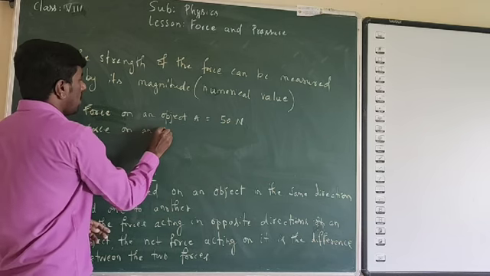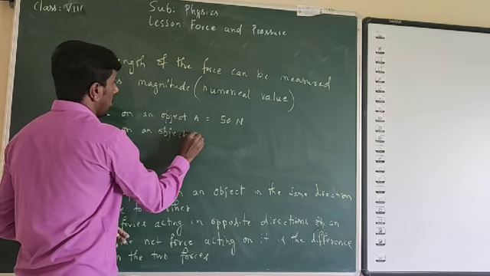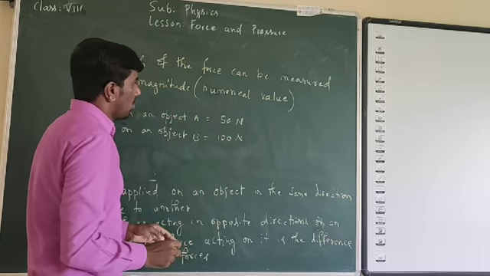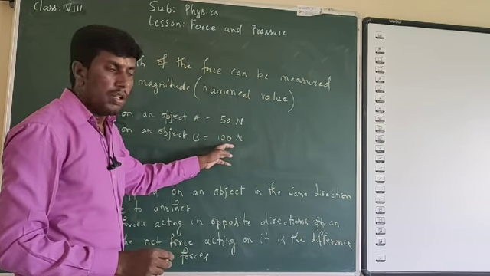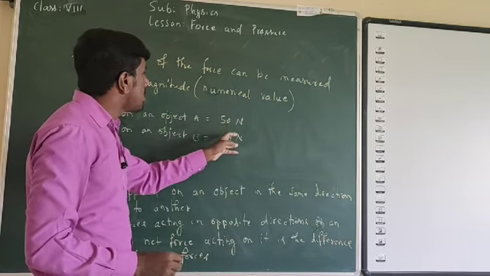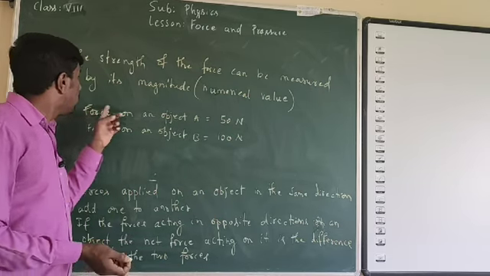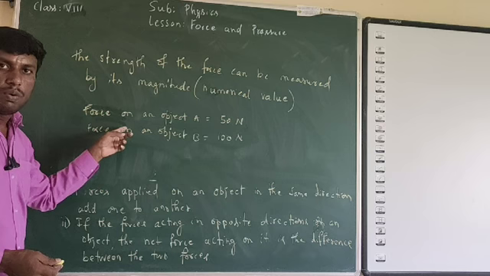On an object B the force is 100 N. So what are 50 and 100? 50 is the numerical value, 100 is the numerical value, which is nothing but the magnitude of the force.